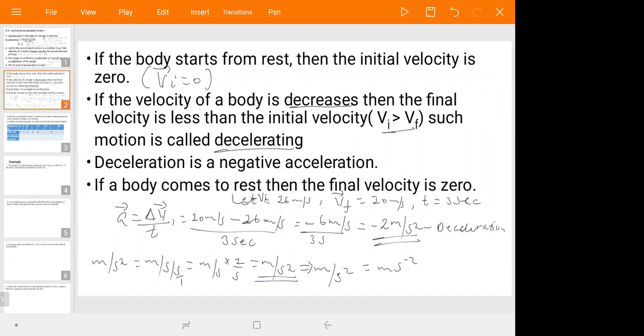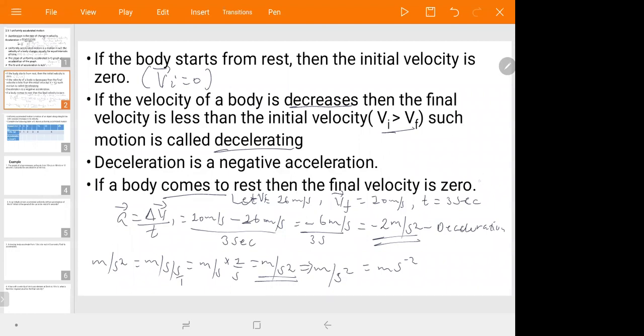The other point you must know: if a body starts from rest, its initial velocity is 0. If a body comes to rest while in motion, then the final velocity of the body is 0.